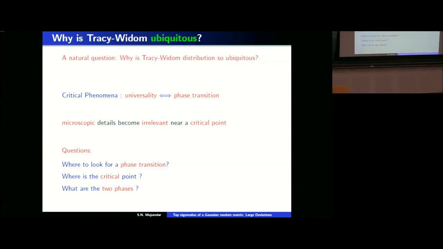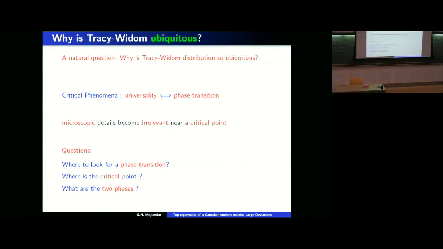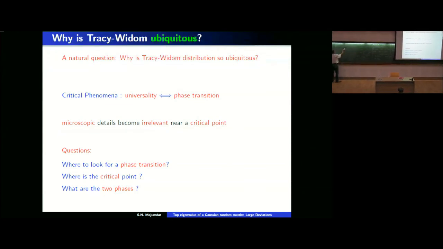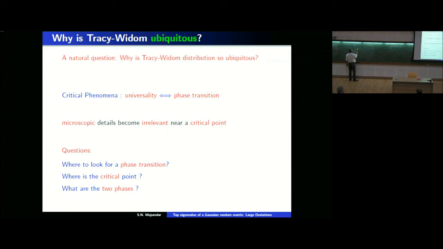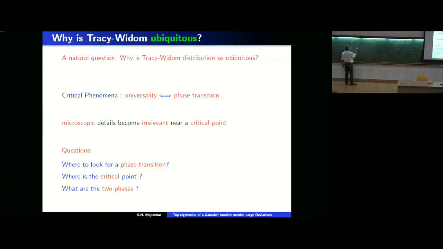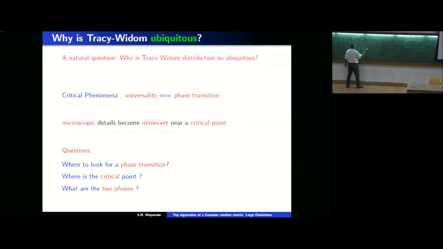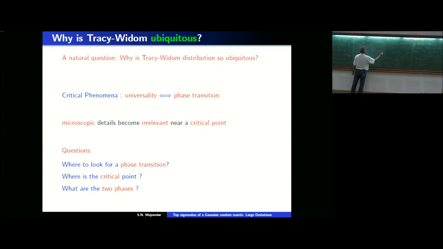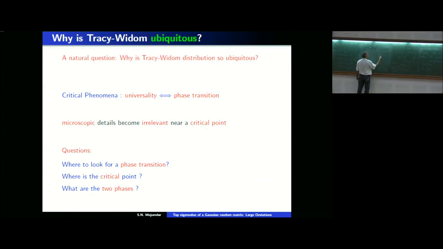So basically, as was said, if you take your n by n matrix, and imagine that your entries x_ij are doing an Ornstein-Uhlenbeck process, plus some noise.